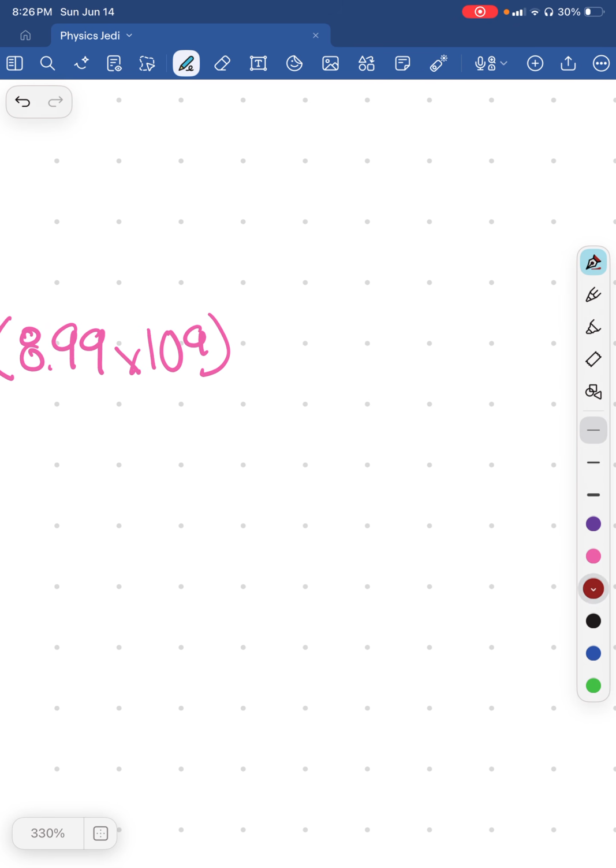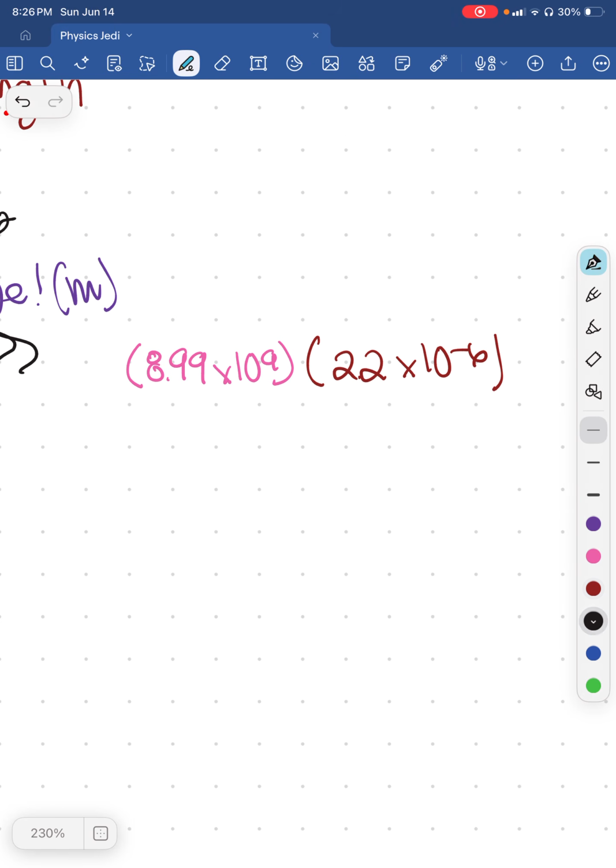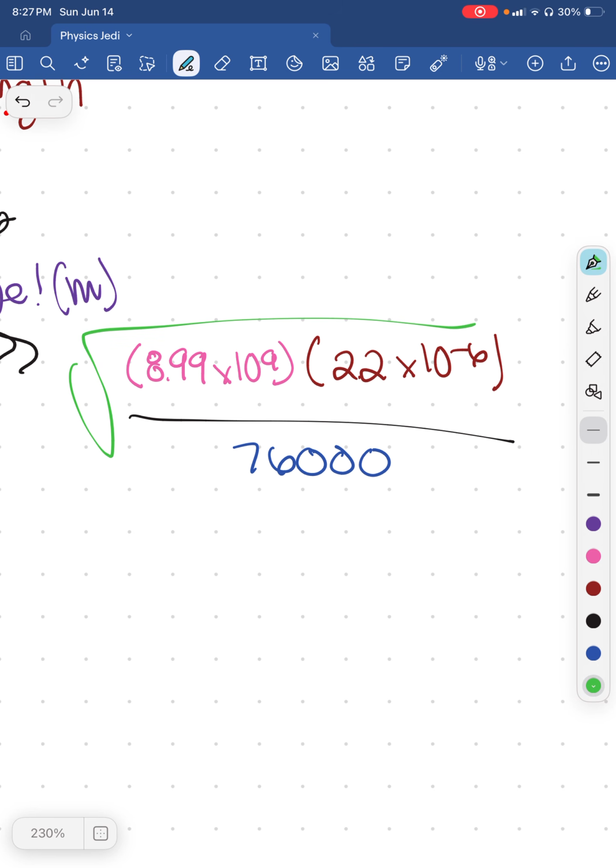For Q, we're going to have 2.2 times 10 to the negative 6. Sorry, these colors are not matching up to the ones I used previously, but it's okay. And for our E value, we are going to divide by 76,000. And finally, can't forget the most important part, we have to take the whole square root of that.